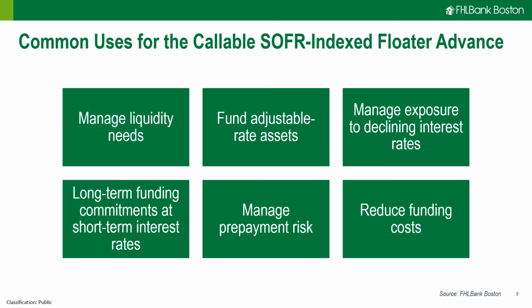So the Callable SOFR-Indexed floater advance provides you that opportunity to separate out liquidity risk and interest rate risk. And if your needs are different for those two different types of risks, then you can create the exposure that is most complementary to your unique balance sheet.